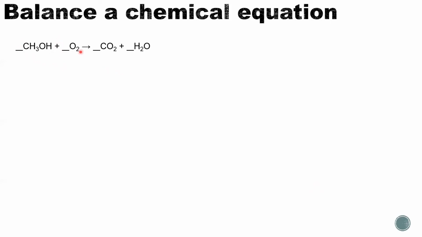All the coefficients are missing, and we need to figure out what numbers to fill in. For unbalanced equations, first make sure you get the correct chemical formulas. If formulas are wrong, you are not going to get a correct balanced chemical equation. So make sure you have a good foundation to start with.